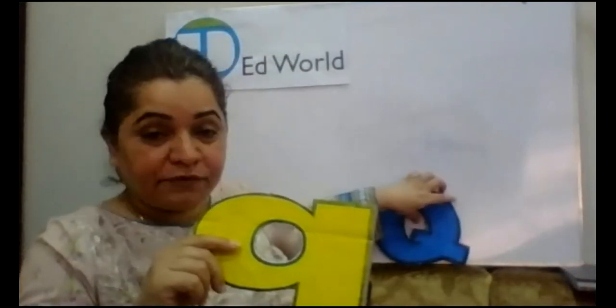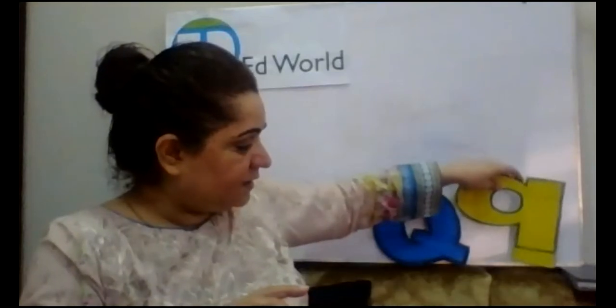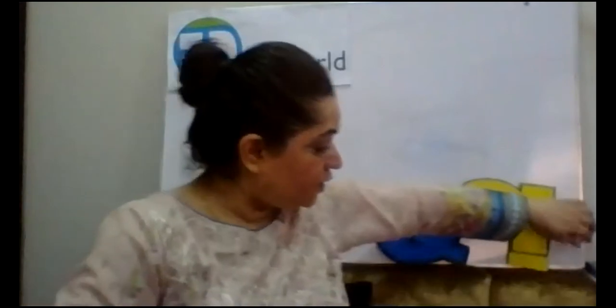But before that, I'm going to share a couple of pictures that are going to give us the words that start with Q. There are a couple of words that start with Q.